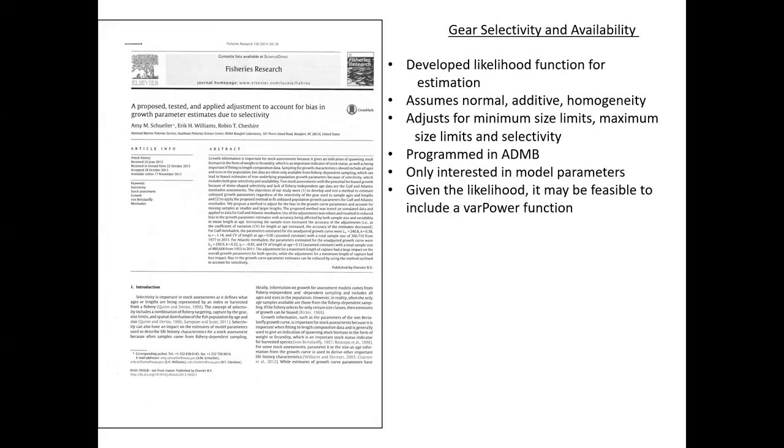They programmed it in AD Model Builder, and it's pretty straightforward. You should be able to program that in R using the optim or nlminb optimization functions. I was looking at the likelihood, and I think you probably fit a power function in there to correct for any heterogeneity, if there is any.